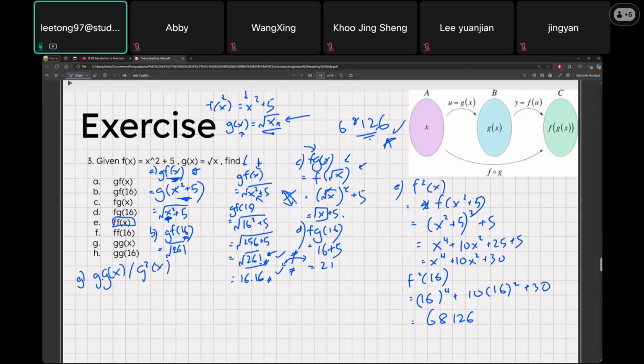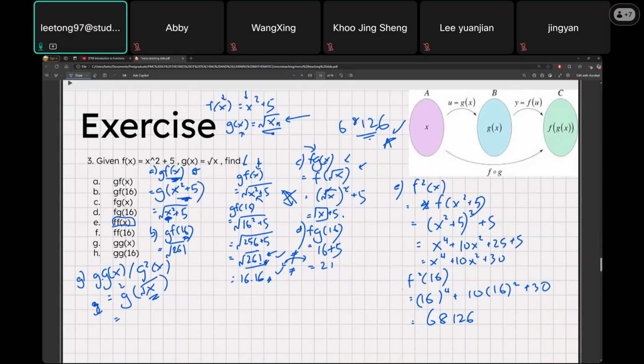What is G? Function G is the square root of X. So we map this object again using this G function.